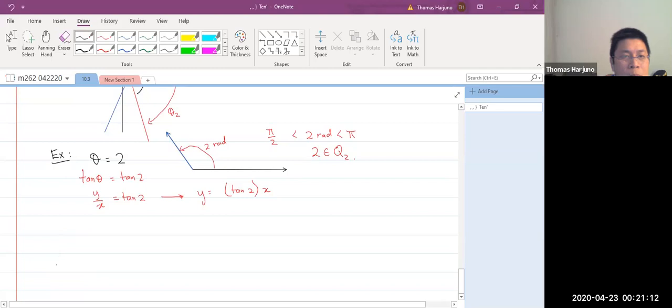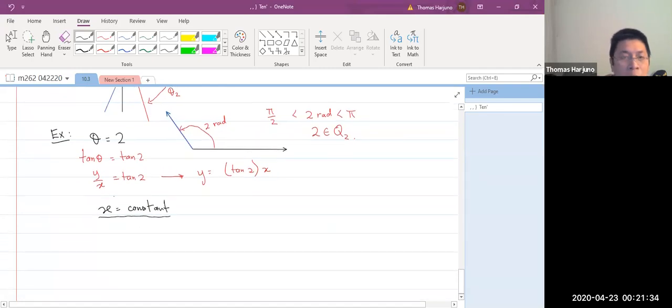Furthermore, what happens if I have x equals a constant? A vertical line. What if x is constant? Let's say, for example, x equals negative 3.